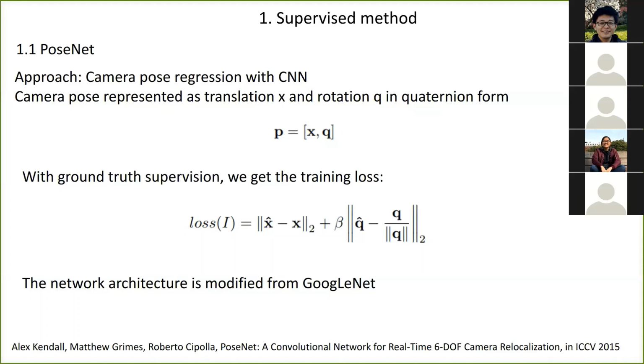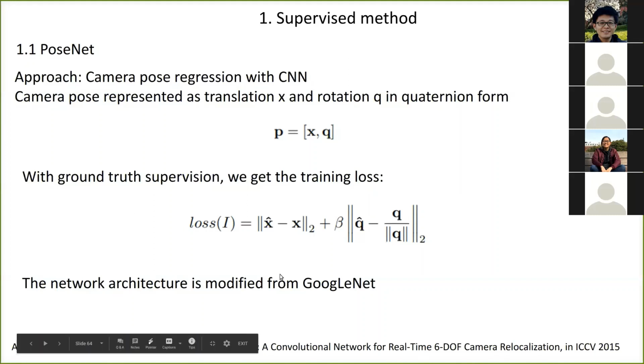We can then get the supervision loss, shown here. This approach actually divides the translation and rotation estimation into two parts, and then links them with a parameter beta, as here. The network architecture they use is modified from GoogleNet.